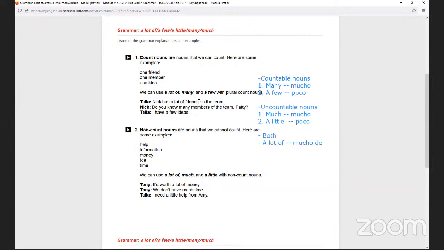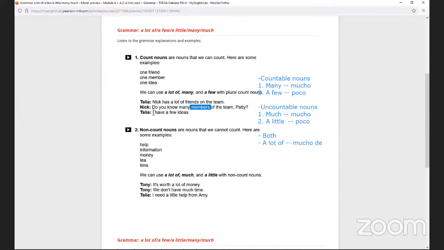Friends is countable, but I can use it with a lot of or many, okay? As we are talking about countables, I can use, for example, do you know many members of the team, Patty? Many is a word for countables. So we are saying that members we can count, right?